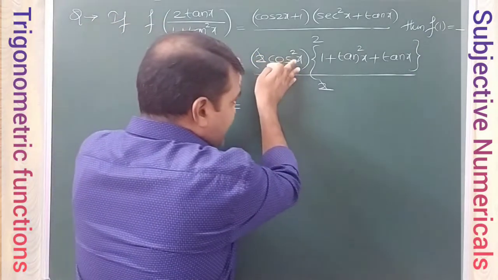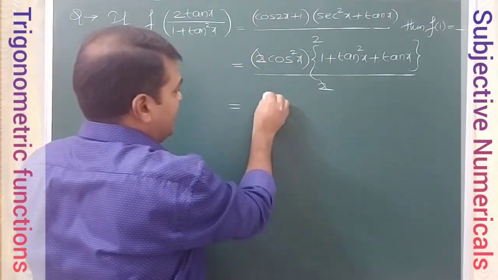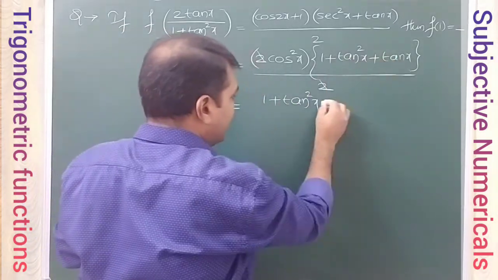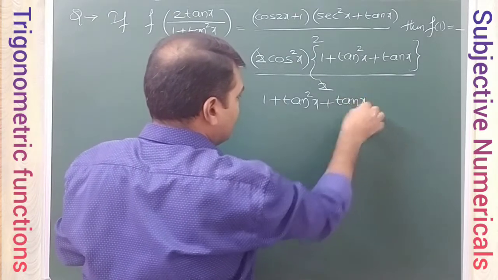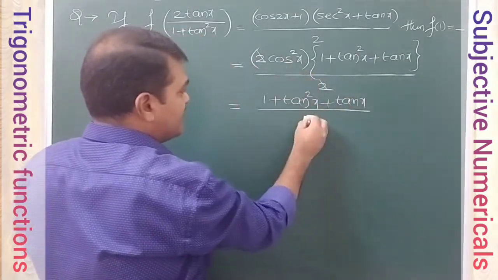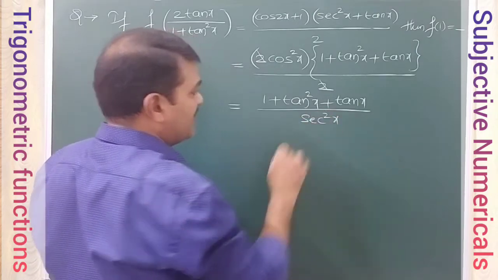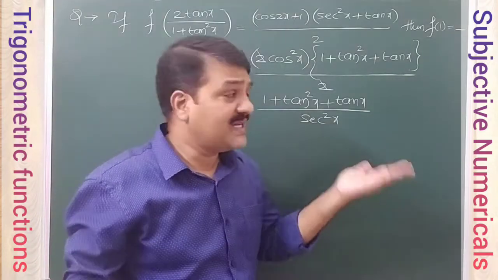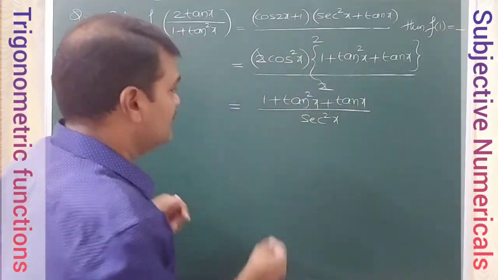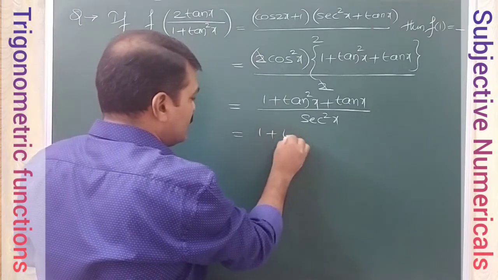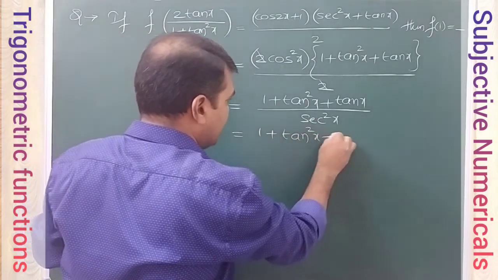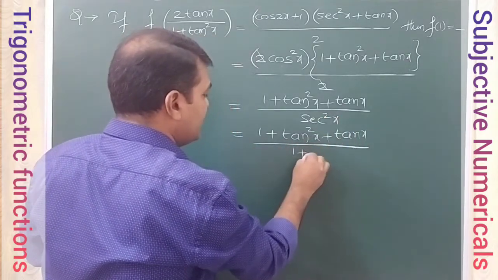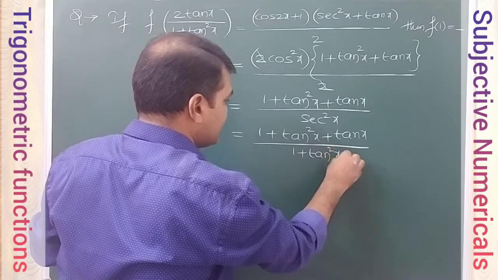Now secant square x is 1 plus tan square x, the identity we already used here. The same I will use again.